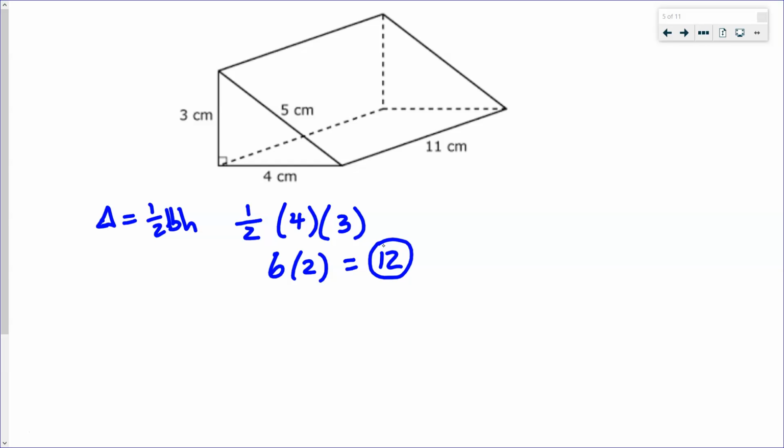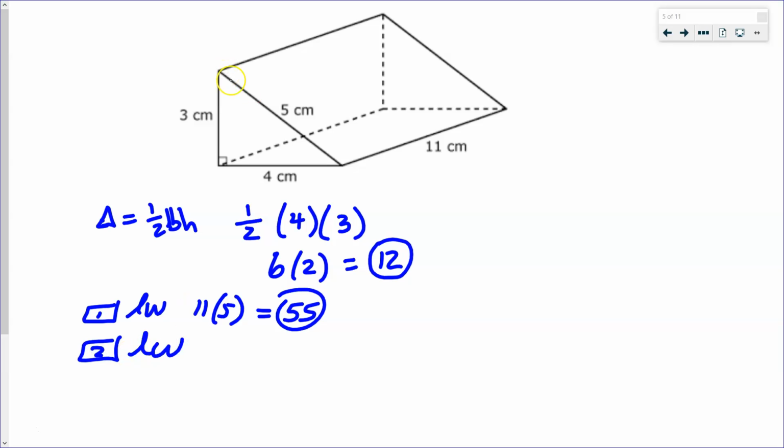Now let's do the area of the slanted face, which is this one right here. So rectangle 1. We're going to go length times width, which is 11 times 5, which is 55. Rectangle 2, length times width. Let's do the vertical one right here. That's 11 times 3 for this side, which is 33.